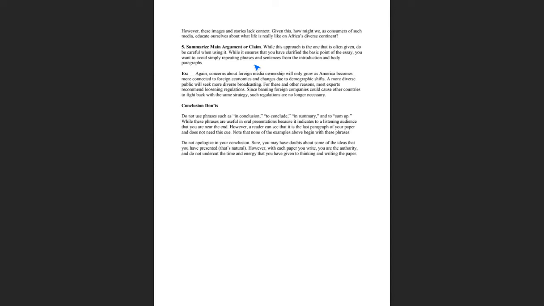When we get to the last paragraph of a paper, we know that last paragraph is the conclusion. So you don't need to add those things. In 95% of the cases, you can cross those out, and the beginning sentence of your conclusion is going to read stronger.